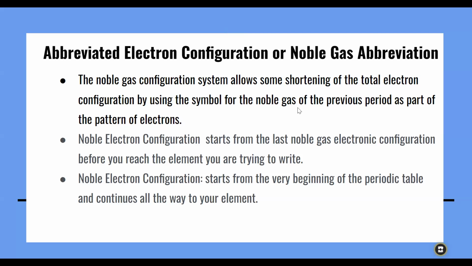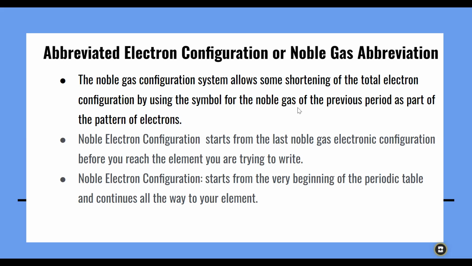That is the shortcut. This is very easy. All you have to do is understand the last one we did. It allows some shortening of the total electron configuration by using the symbol for the noble gas. So instead of starting from 1s2 all the time, you start from the noble gas.